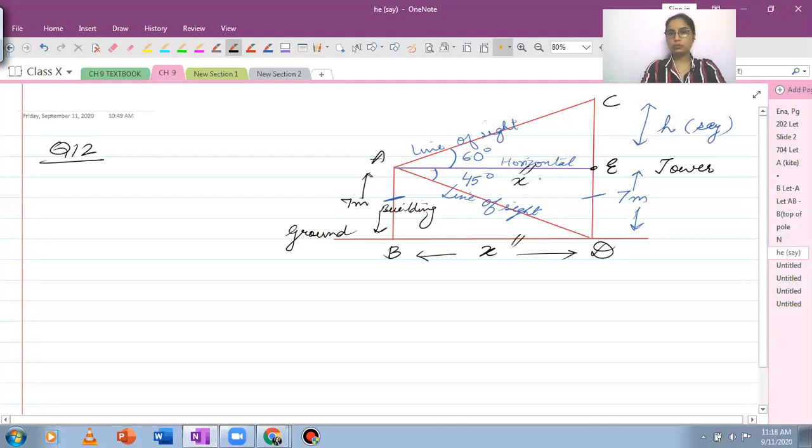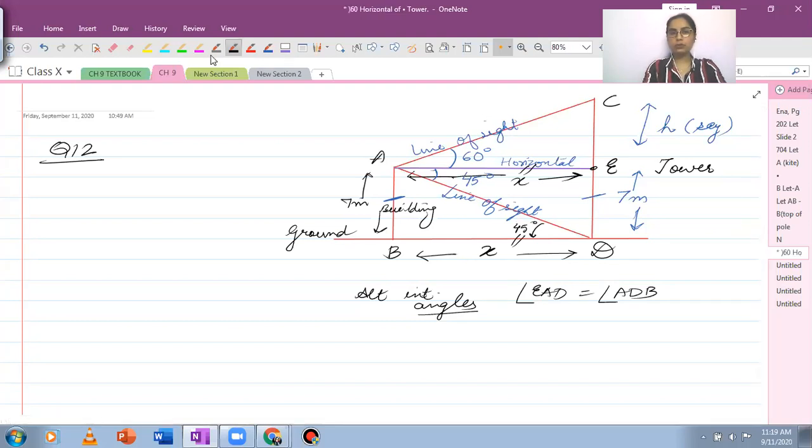So this distance will also be X. And since the horizontal is parallel to the ground, by alternate interior angles, angle EAD will be equal to ADB. So that would mean the angle formed here will also be 45 degrees.